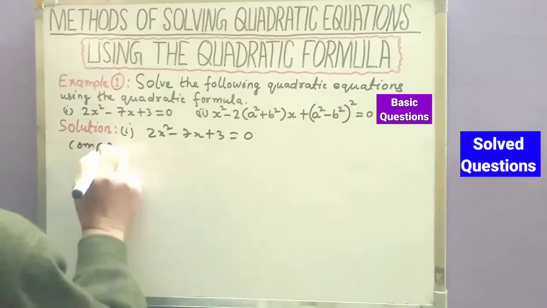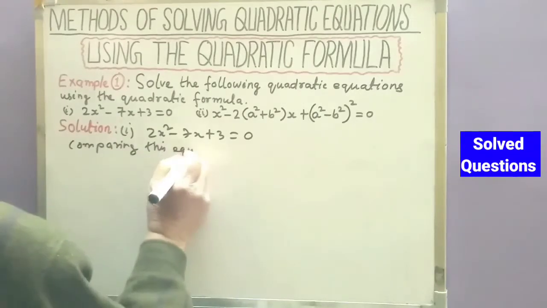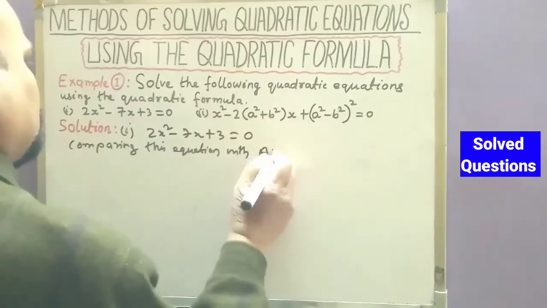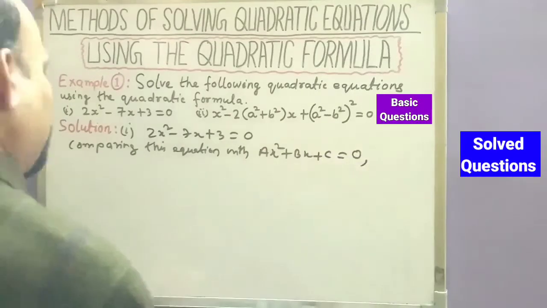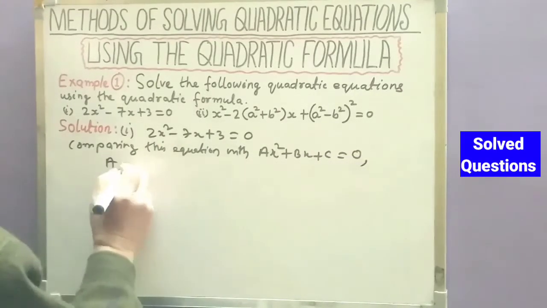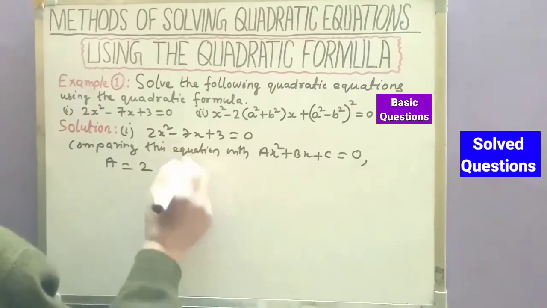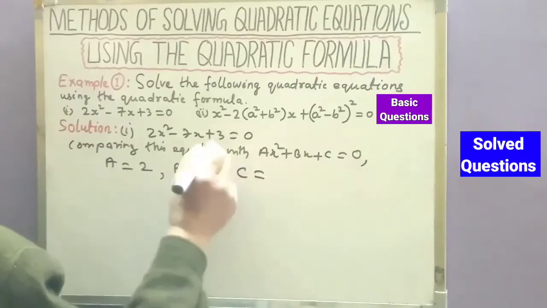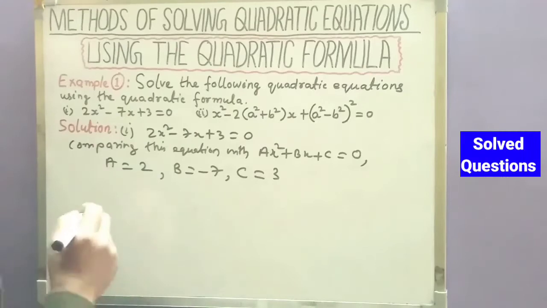Comparing this equation with Ax² plus Bx plus C equal to 0, we have A equal to 2, B equal to minus 7, C equal to 3.